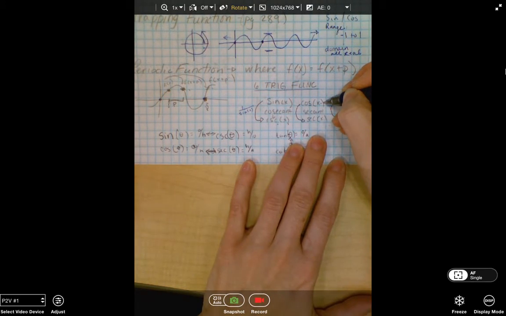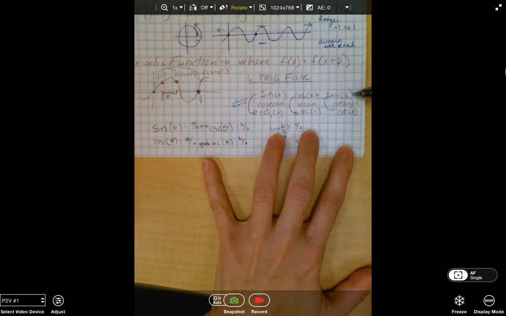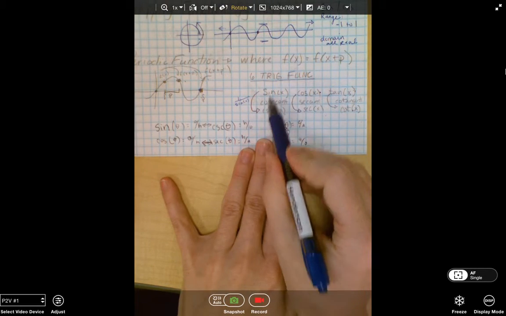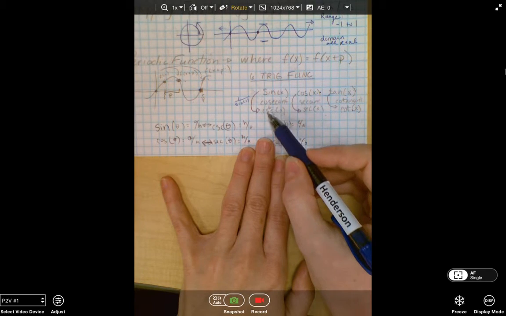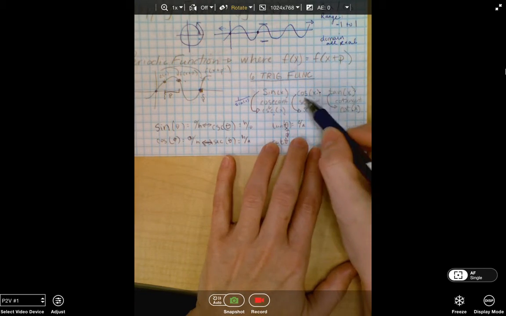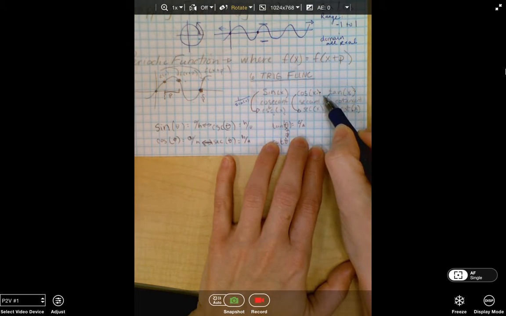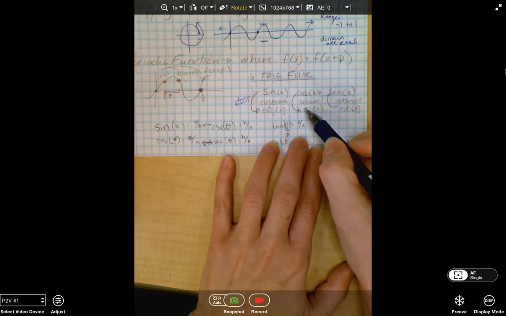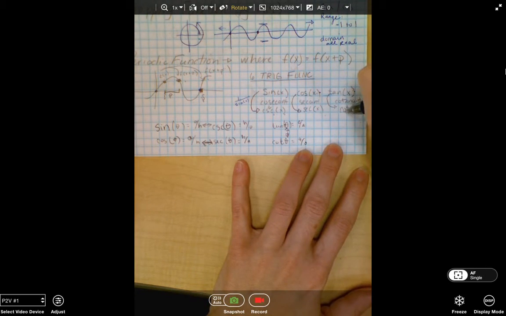The reciprocal function of cosine of x is called secant x, and the reciprocal function of tan x is called cotangent x. So if you notice, every single pairing has a sine and a co-something, right? This one has a secant and a cosine, right? So each one has a co and one of the terms without the co, meaning like a corresponding or they go together pairs, and then tan and cotangent.